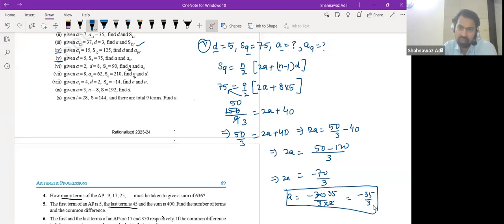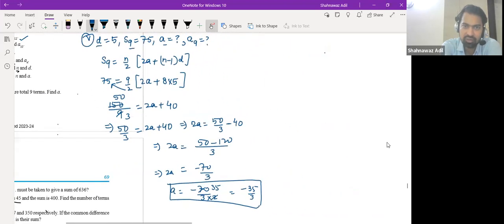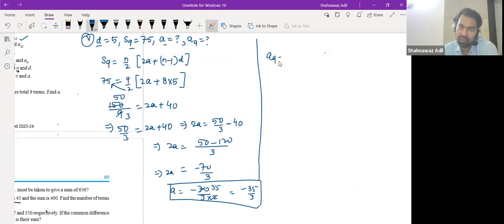Yeah. So this is your a, and you have to calculate what? A9. So A9 we can calculate using a plus n minus 1 into d. A is minus 35 by 3. N is 9 minus 1. D is 5. Right, so minus 35 by 3 plus 8 into 5.